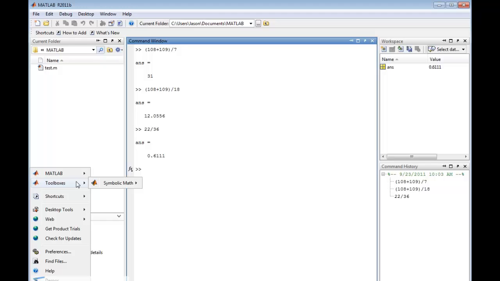Now, I'll take a minute to tell you there are tons of additional toolboxes that you can purchase from Matlab. And again, if you're a student, you probably have quite a few of them already. There is a statistical analysis toolbox that gives you extra commands with statistics. There is a communications toolbox that gives you extra commands if you're dealing in communications theory.